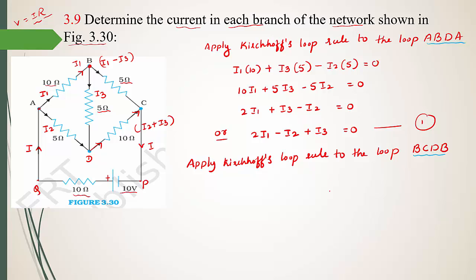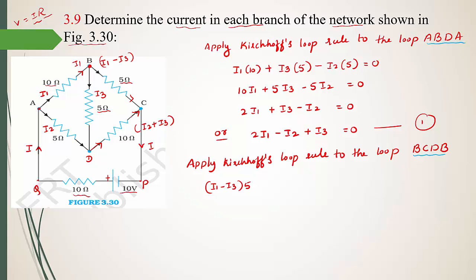Yes. Let us apply Kirchhoff loop rule. B to C, you can observe the diagram. The amount of current flowing is how much? I1 minus I3 through the resistor 5 ohm. This is along our direction, B to C, right? Okay. Then C to D, observe the directions.